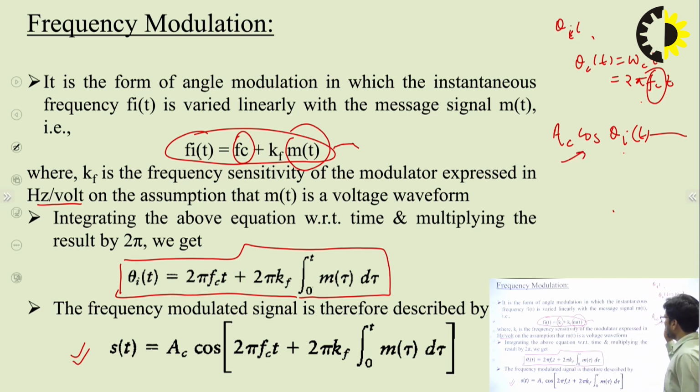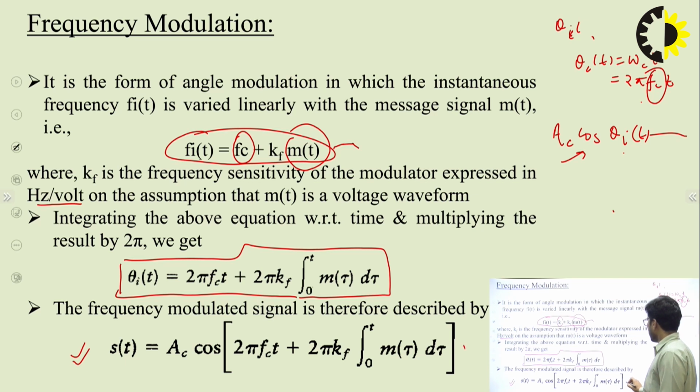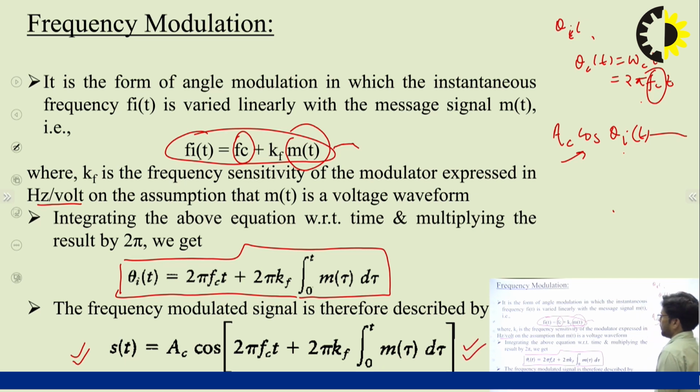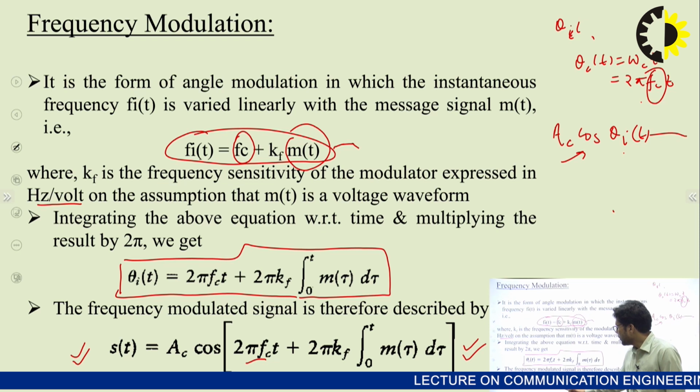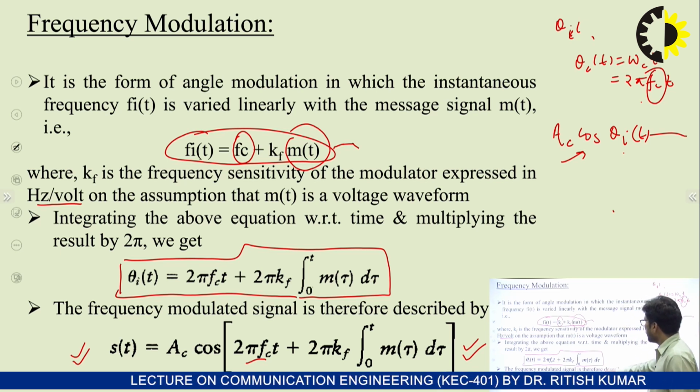Now by putting this equation from this to this, we have the frequency modulated signal equation: Ac cos of 2 pi fc t plus 2 pi kf integral from 0 to t of m(t) dt.